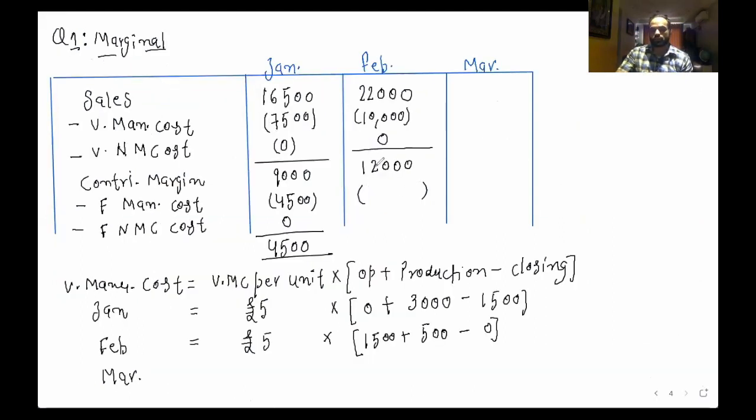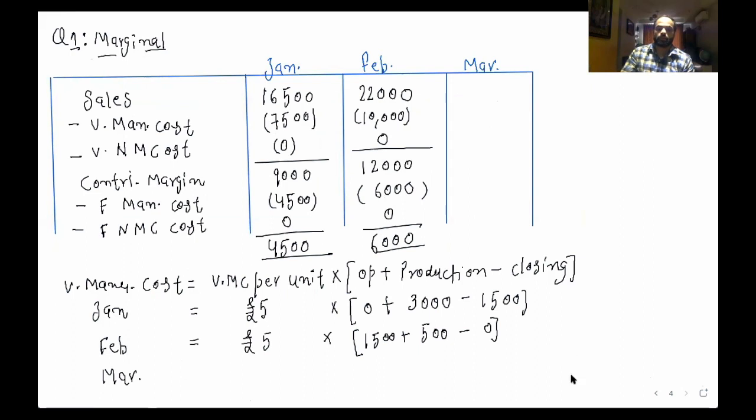Anyway, it's okay. So if you use 6,000, that's fine. And fixed non-manufacturing is 0. So profit for the month of February is 6,000.